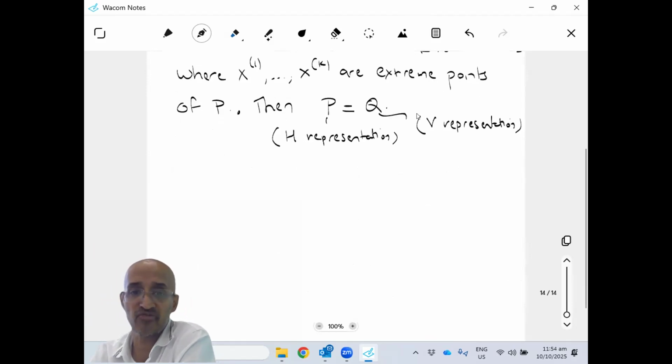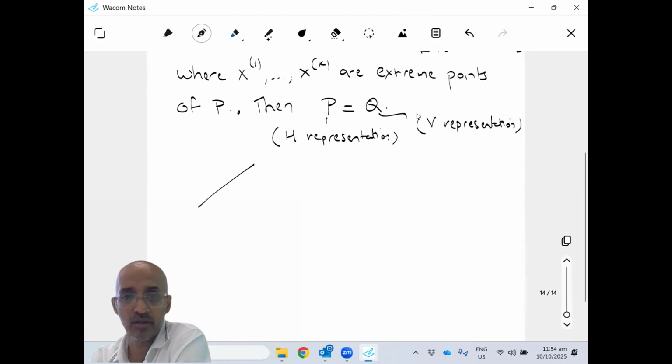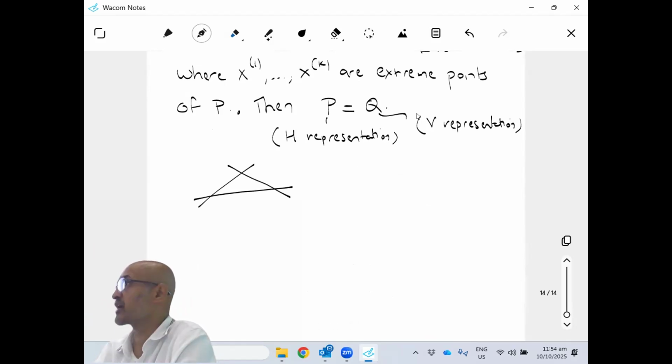So maybe just from a figure, suppose I give you three constraints. This is the intersection of three inequality constraints. I claim that if this is P, and I take these three extreme points and write down the convex combination of these extreme points, it's exactly the same set.